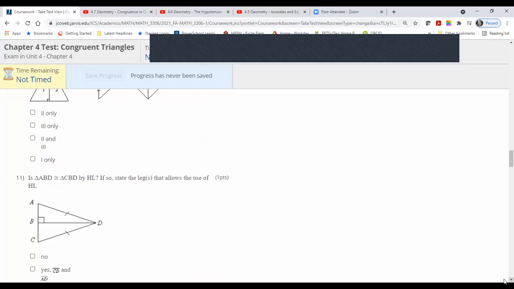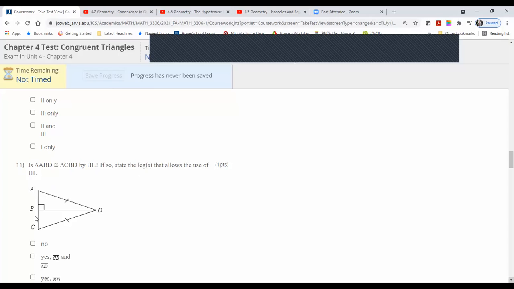Okay, so number 11. Yeah, we're running out of time. So ABD. Yeah, I think we can use this hypotenuse leg, right? So the answer is yes. And so the leg will be what?